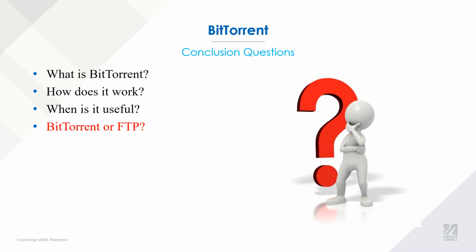This communication is usually facilitated by a BitTorrent client and a torrent tracker. When is it useful? In situations where you have low bandwidth but many clients. And lastly, BitTorrent or FTP? This question is more subjective. And at the end of the day, it really all depends on what your current use is and what utility you'll get out of either client. At the end of the day, choose what works best for you.